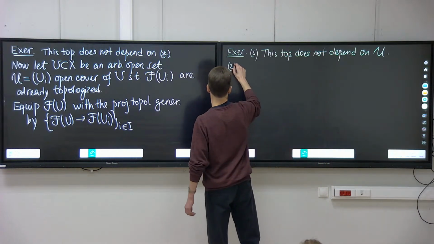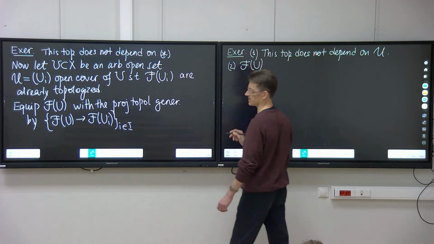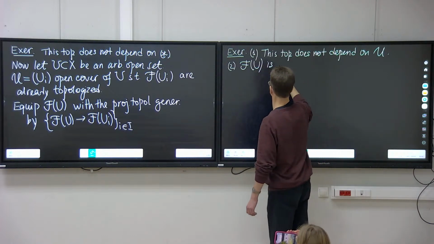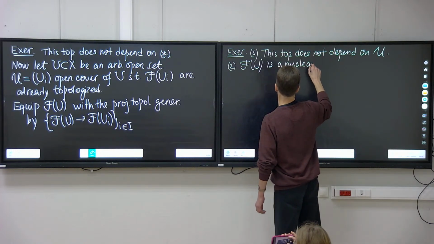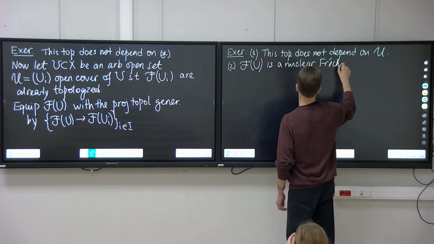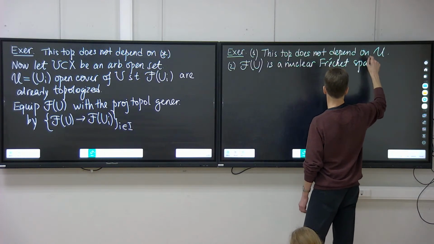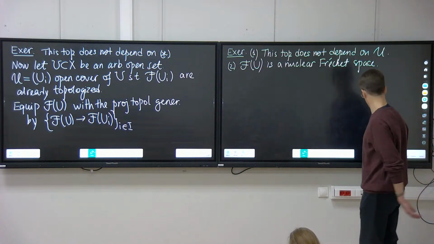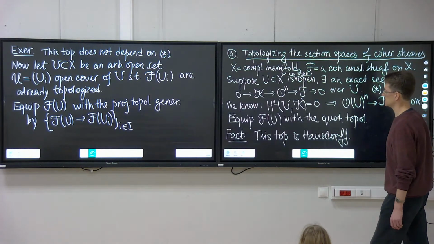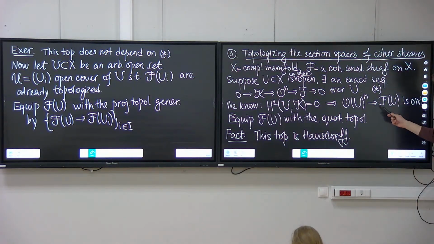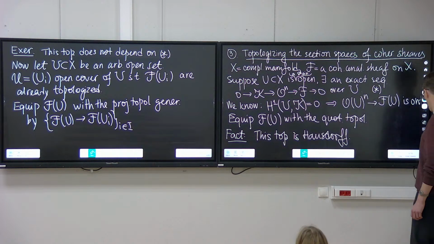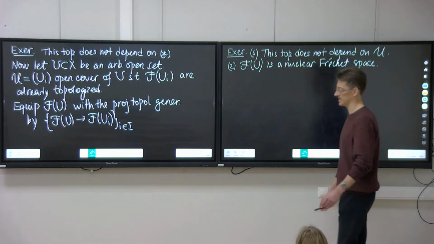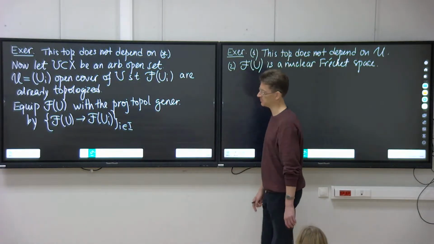And the resulting space F of U becomes a nuclear Fréchet space. Why is it nuclear? Well, the second part is very easy. It is nuclear because if U is small enough, then it's a quotient of a nuclear space, O of U to the power n. So this is nuclear, and the quotient of a nuclear space is nuclear. And we also know that the class of nuclear spaces is stable under taking projective locally convex topologies.